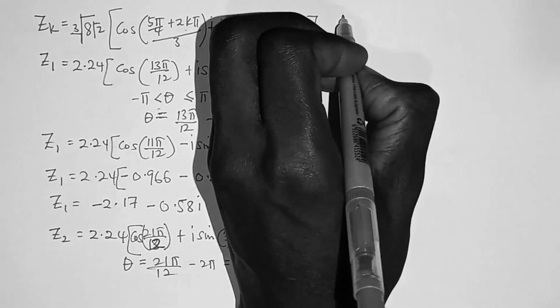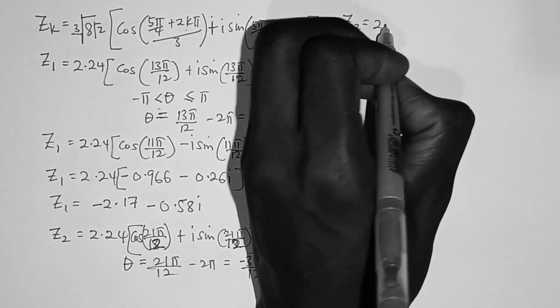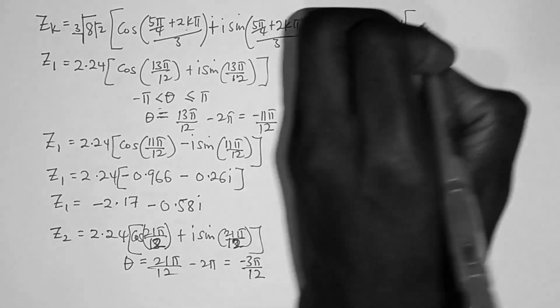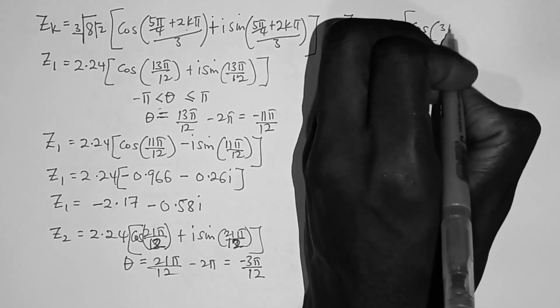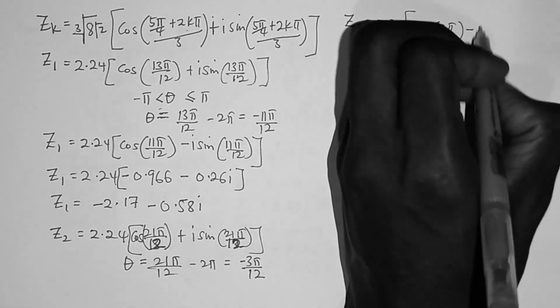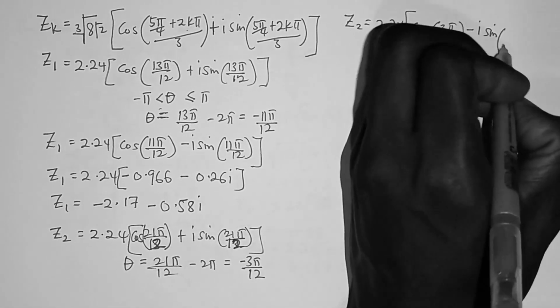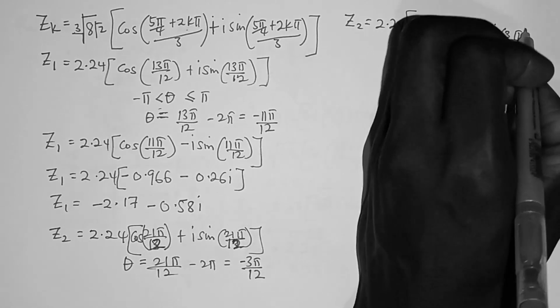So Z2 is equal to 2.24 into bracket cos 3 pi over 12, then minus i sine 3 pi over 12.